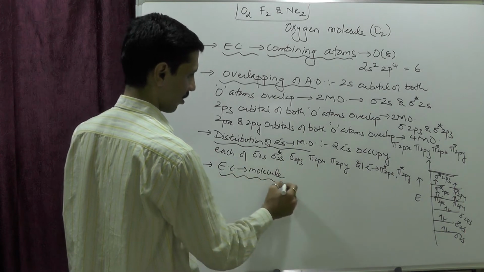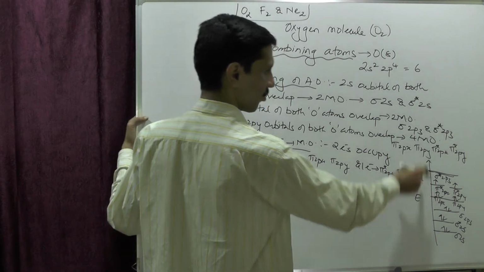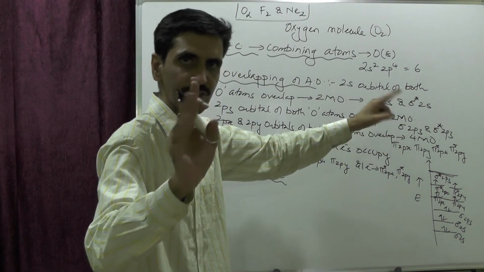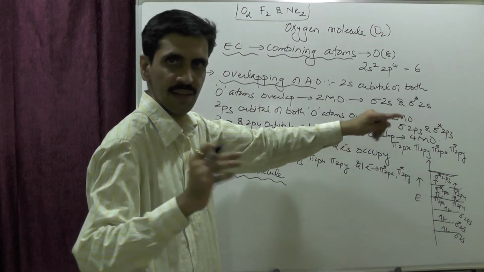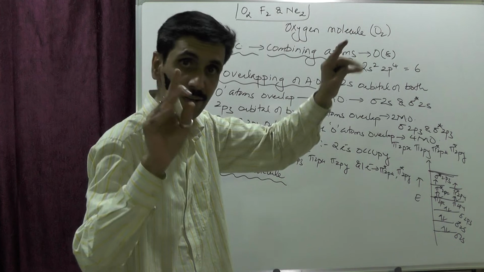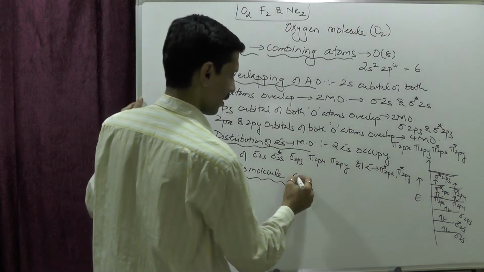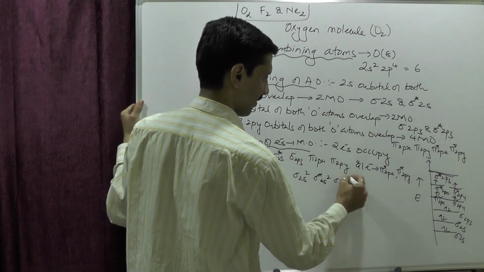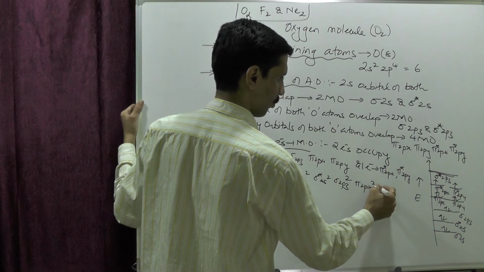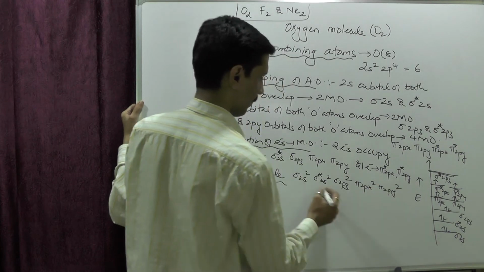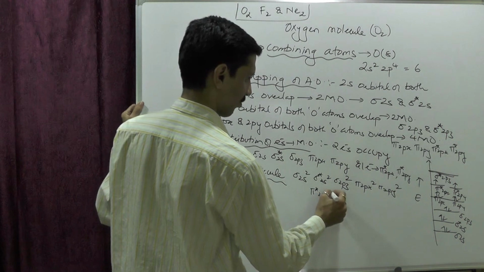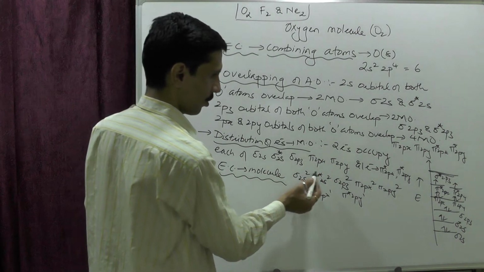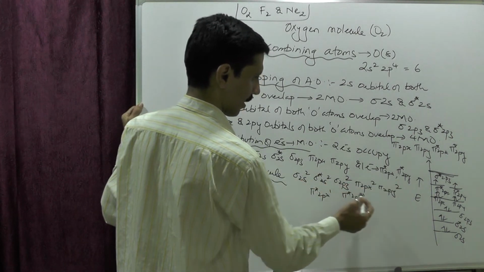बहुत सिंपल है दोस्तों, electronic configuration of the molecule के लिए you are going to write down all those molecular orbitals from lower energy to higher energy which contain electrons. नीचे से ऊपर तक सारे molecular orbitals लिख दीजिए जिसमें electrons हैं. तो शुरू करते हैं. sigma 2s2, sigma star 2s2, sigma 2pz2, pi 2px2, pi 2py2, pi star 2px1 and pi star 2py1. वापस से count कर लेते हैं एक बार electrons. 2 और 2 4, 6, 8, 10, 11, 12.